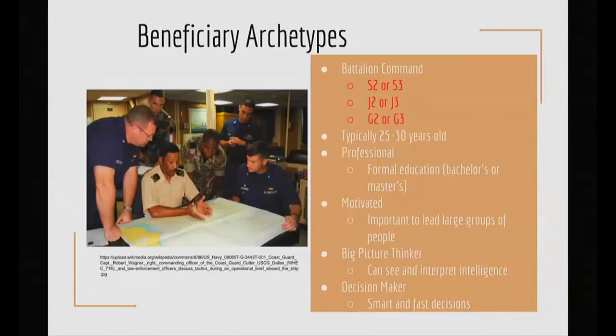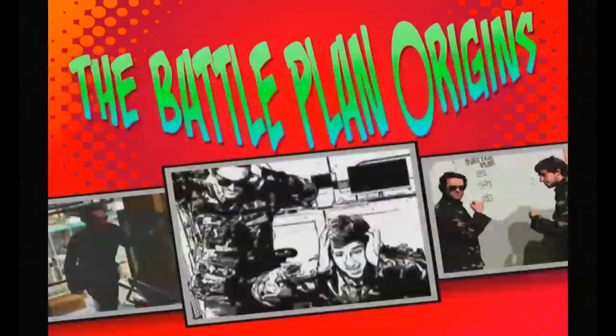So within battalion command, using the comments to visually aid, imagine a battalion commander walking into a decision-making process where he has to come up with a plan for an operation, and he's relying on, say, S2s to provide him the intel and the information he needs to inform his decision-making process to make the best plan possible.